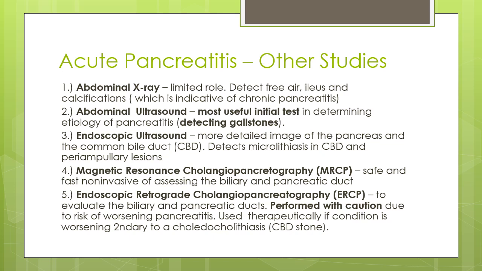MRCP, or magnetic resonance cholangiopancreatography, is a non-invasive way of assessing the biliary and pancreatic ducts. ERCP, or endoscopic retrograde cholangiopancreatography, is more likely to be used for a therapeutic purpose in cases of gallstone pancreatitis.